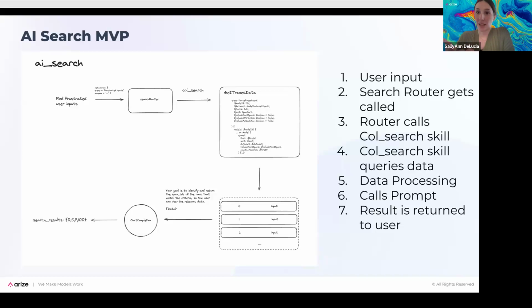So the first step in a skill like this is that we have to get the traces data to be able to do a search over. You're seeing that in this block here. We're using GraphQL to get our data, and then we do some data processing. Now I'm sending to Copilot just those inputs and some indexes. What's interesting is we have IDs in our platform.